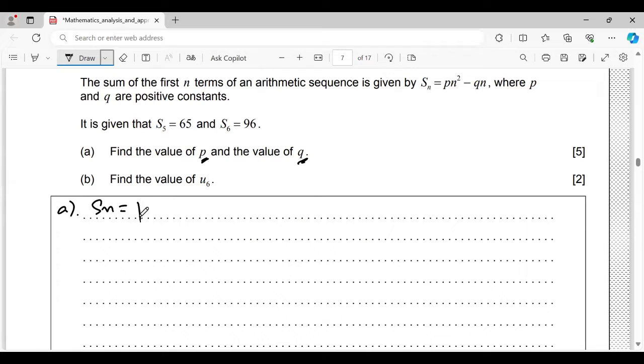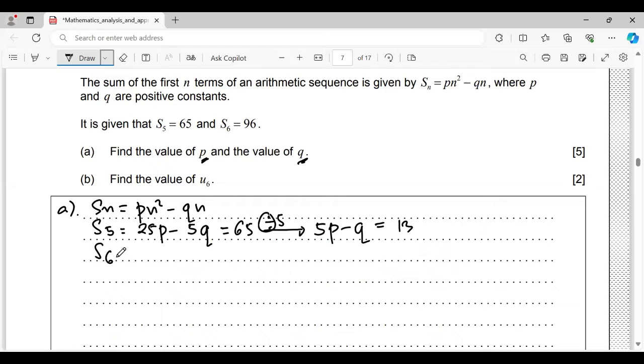Sn equals pn squared minus qn. S5, it means n equals 5, so it is 25p minus 5q equals 65. After that, divided by 5, it becomes 5p minus q equals 13.